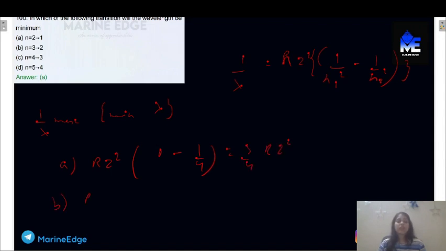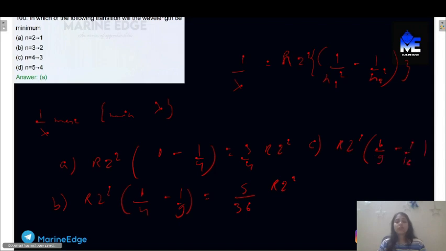For case B, it will be Rz square times (1 by 4 minus 1 by 9). So that gives us what? 5 by 36 Rz square. For case C, we have Rz square times (1 by 9 minus 1 by 16).